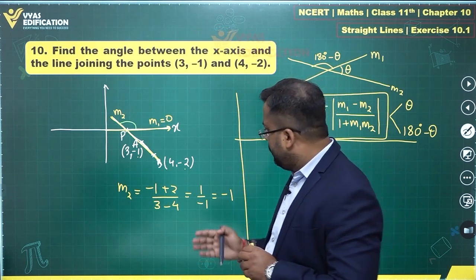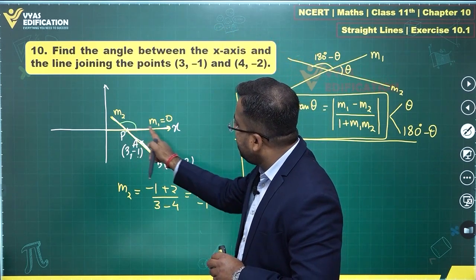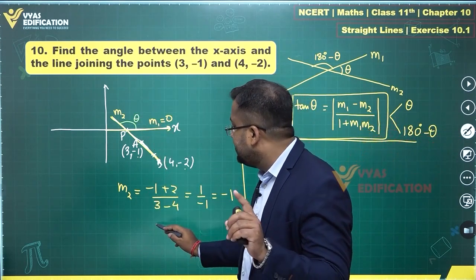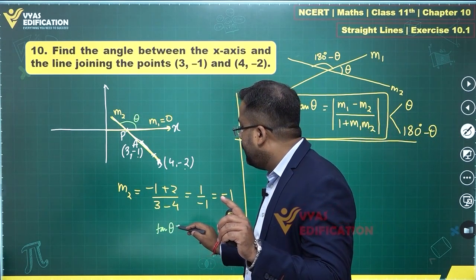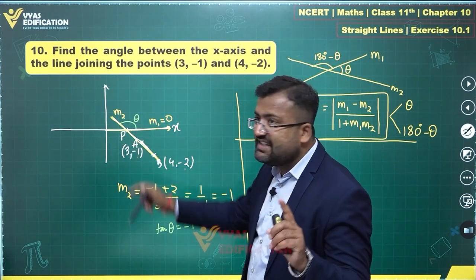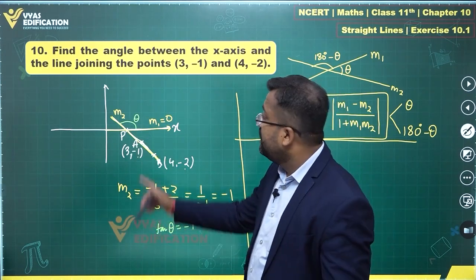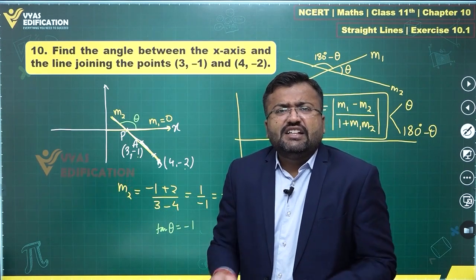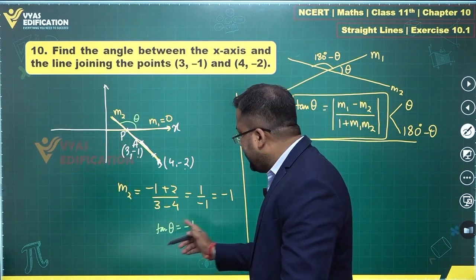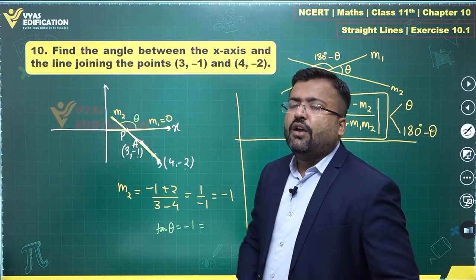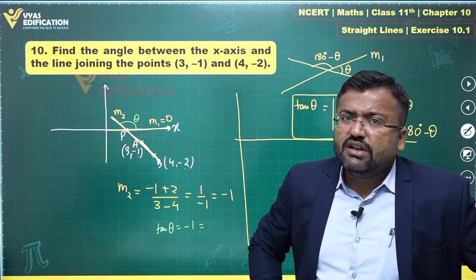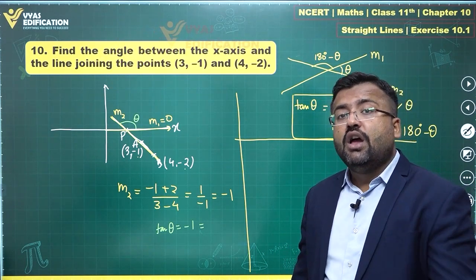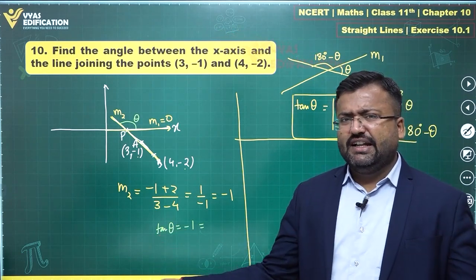Since theta is the angle made with the positive x-axis, tan theta will be equal to -1. That's the concept of slope. So when is tan theta equal to -1? If you can guess that directly, it is in the second quadrant and theta is equal to 135 degree. If you can guess that correctly, then it's okay.